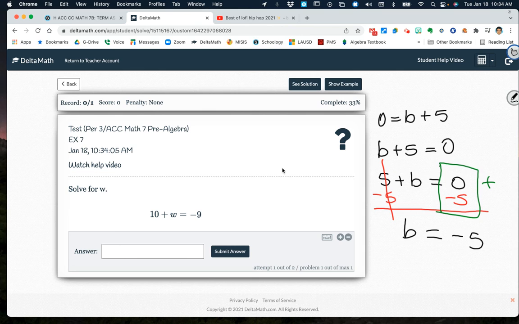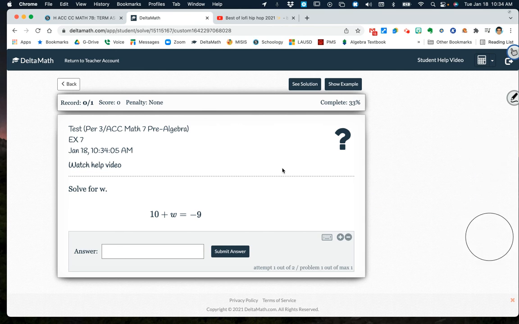Okay, we got 2 more. So let's try this one, guys. 10 plus w equals negative 9 right now, but I see where you're going. Tell me, how'd you get that? Tell me in our transformation steps.